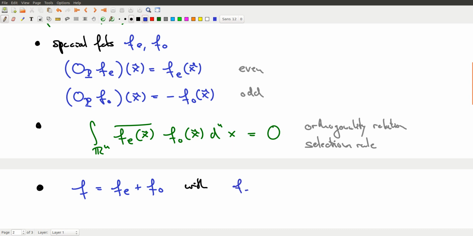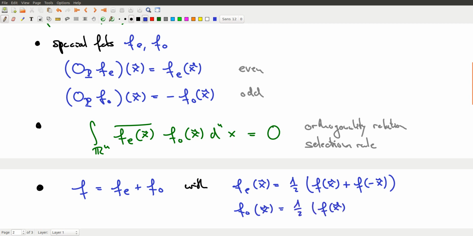Just define FE, let's say FE of x as 1/2 f of x plus f of minus x, and FO is 1/2 f of x minus f of minus x.